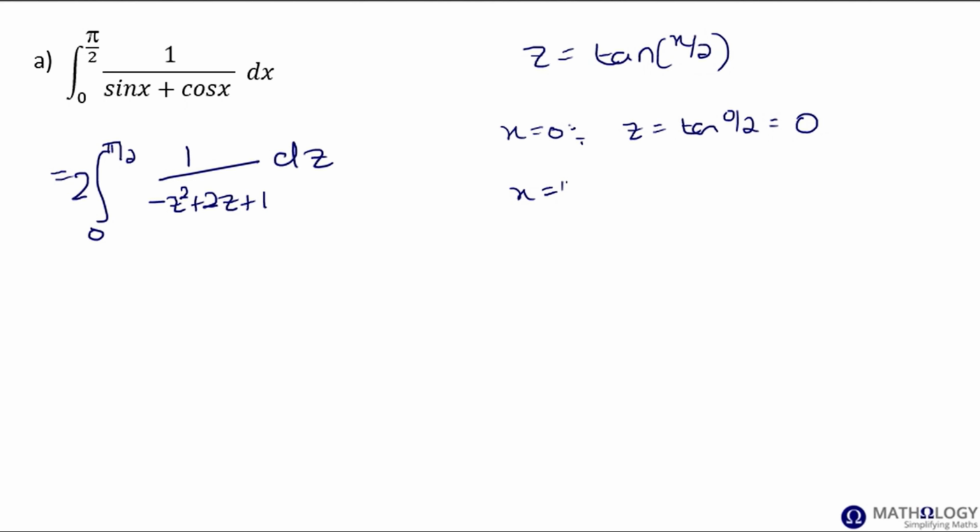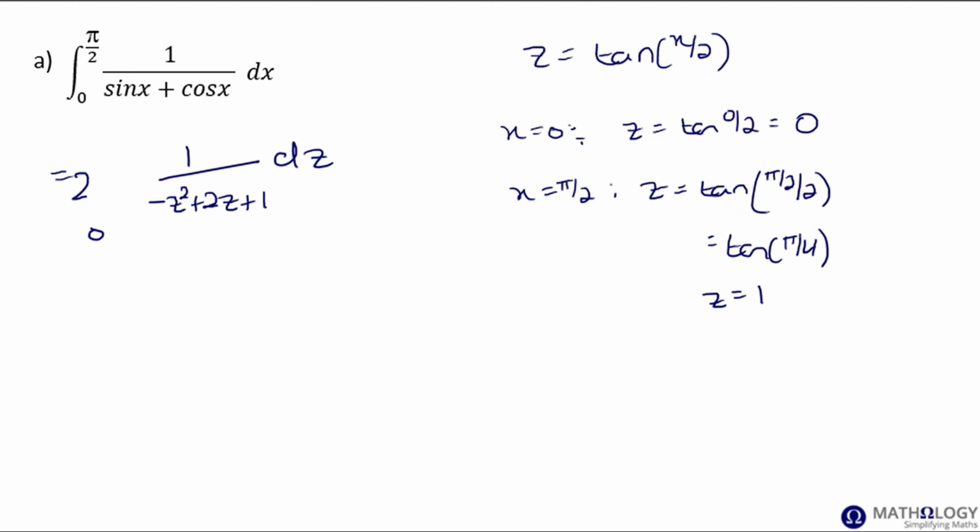And when x equals pi over 2, z equals tan pi over 2 over 2, which is tan pi over 4, which is 1. So your limits of integration are 0 to 1.